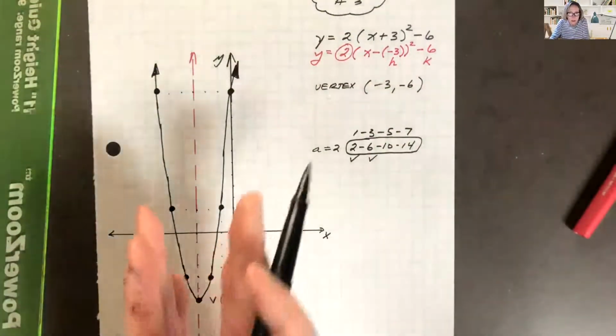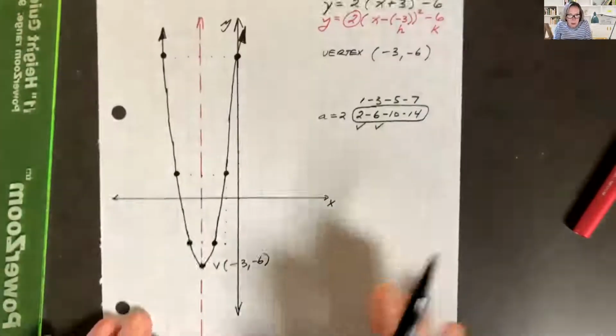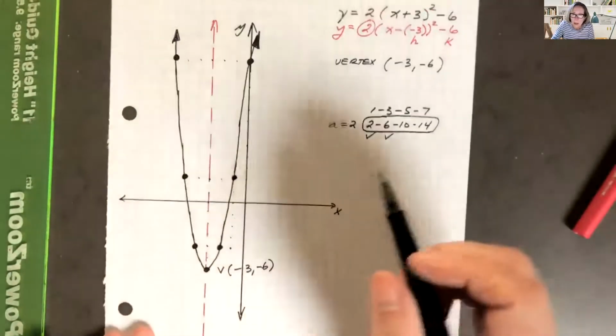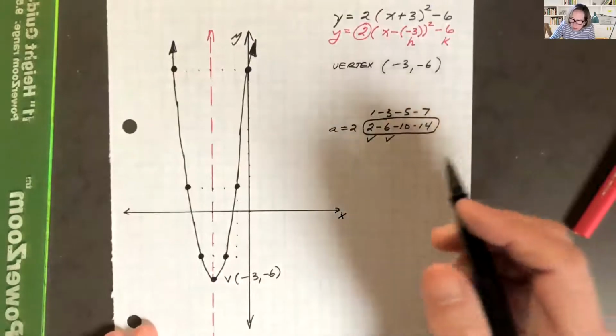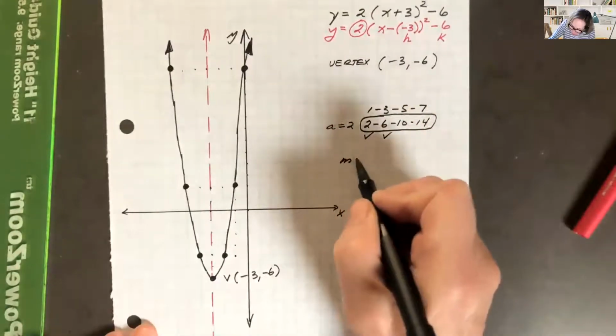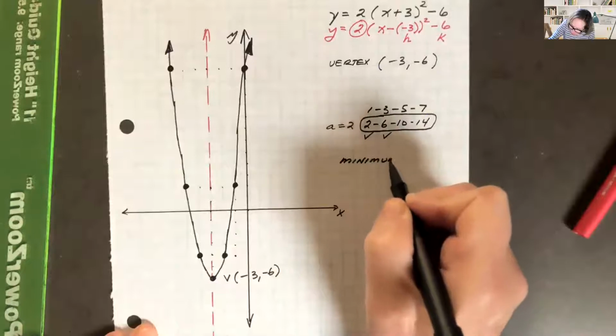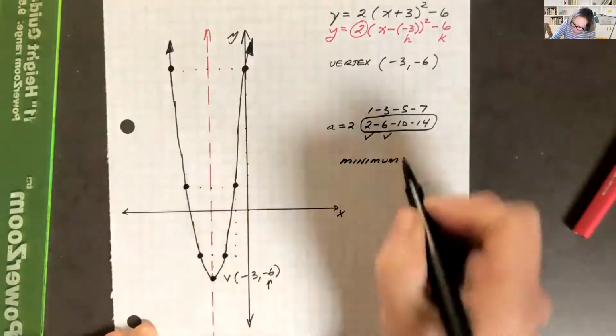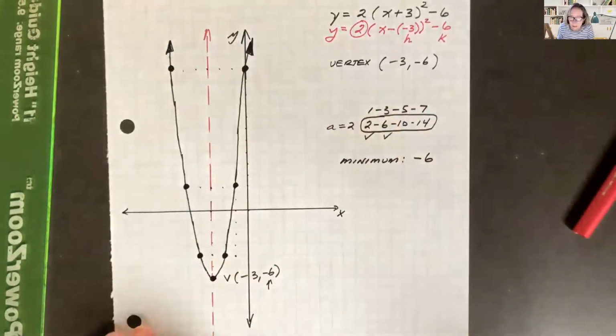It's going to spread out and go up infinitely, but it never goes below -6. So that is going to be the minimum value, which I had to find. The minimum value we can see is the bottom of the valley, and it's where y equals -6. So it's just -6.